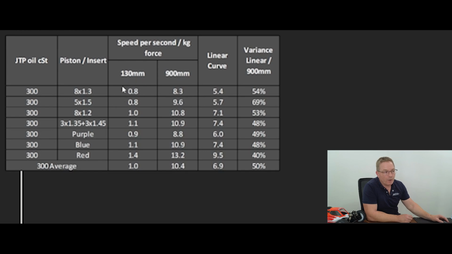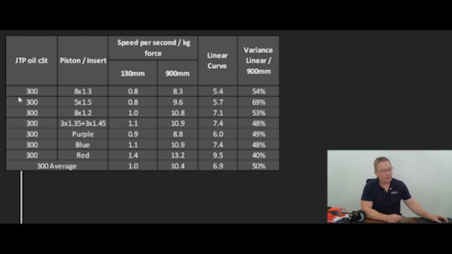Where I got this low speed result, I then gave a theoretical extrapolated linear curve at 900, and by doing that I could then get what the variance is from a theoretical linear curve to what the actual result is. So that's 900 actual versus a linear curve theoretical, and then I can plot the variance.